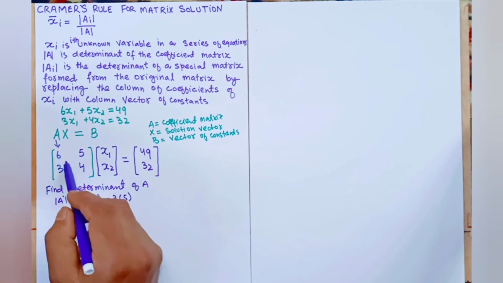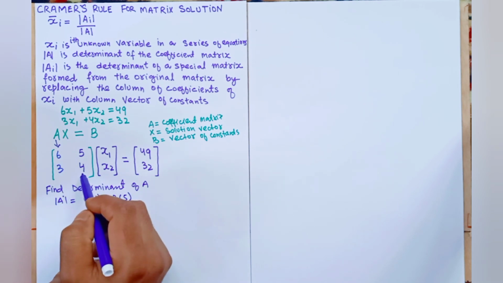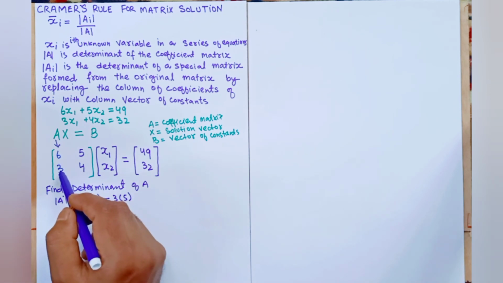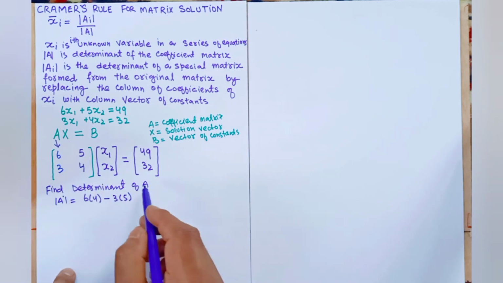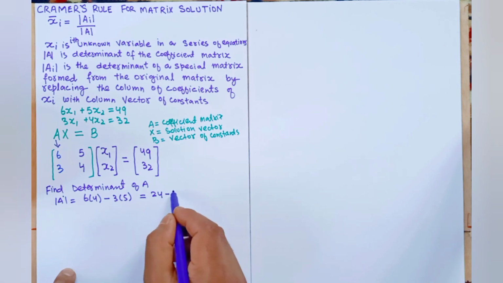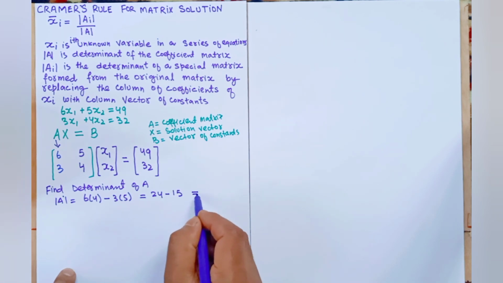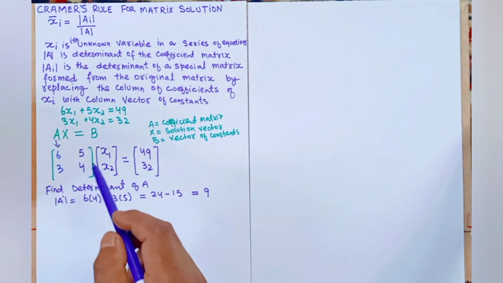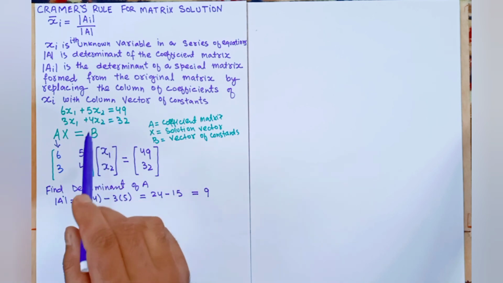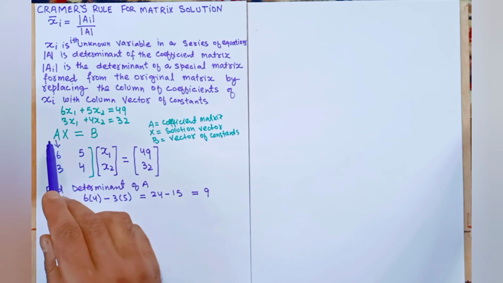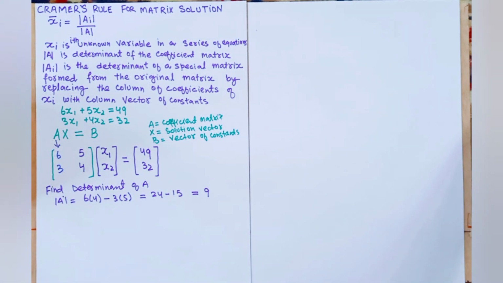That is, first multiplying the elements on the principal diagonal and subtracting from it the product of the elements of the non-principal diagonal, that is 3 and 5. So 6 fours are 24 minus 3 fives are 15. Now this comes out to be 9. So the first step was to express the system of equations in matrix form and find the determinant of the coefficient matrix A.